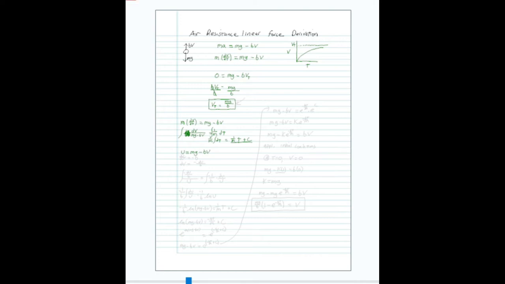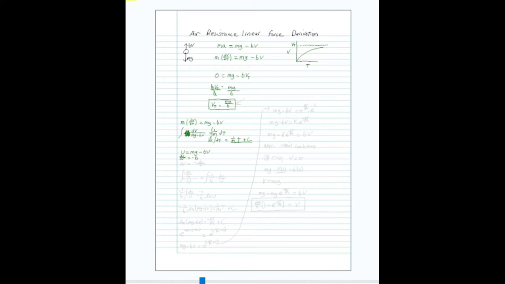If that's the case, the next thing I want to do is take u's derivative, so I'm going to do du dv. The derivative of u with respect to v: mg is a constant, we have negative bv, so the derivative with respect to v is just negative b.